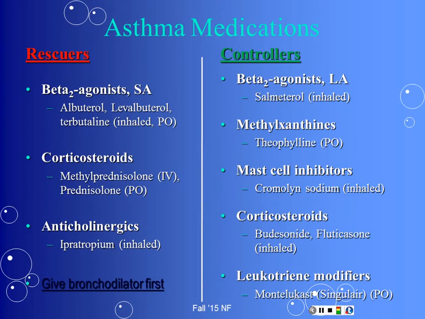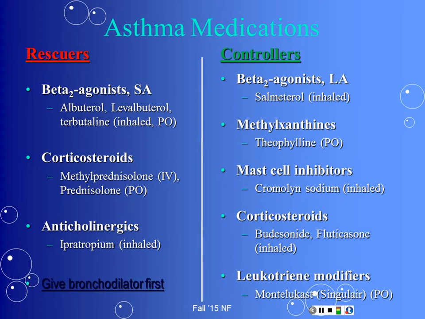Alright, so with controllers, that's where you're going to see your long-acting beta-2 agonists. So these are going to be kids that have moderate to severe persistent asthma. They're the ones you're going to see with these controllers and multiple medications. So you may see some type of combination of these things. So when you're looking at Advair, for example, that's actually a long-acting beta-2 agonist and a corticosteroid mixed in one.